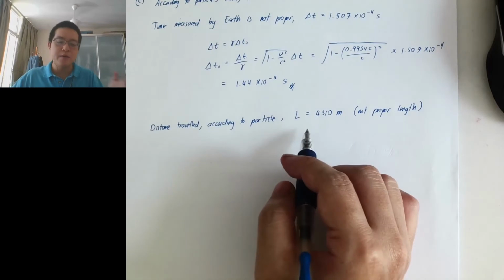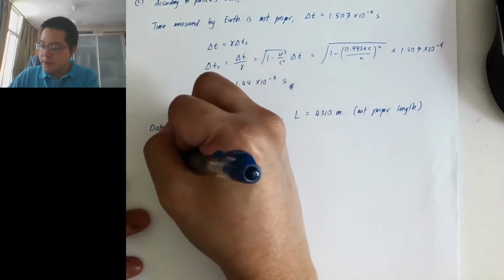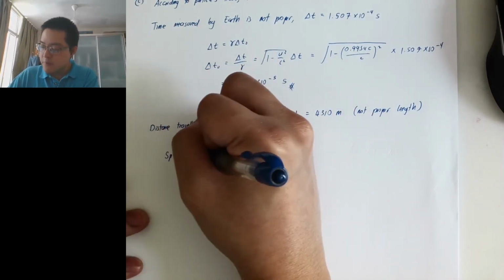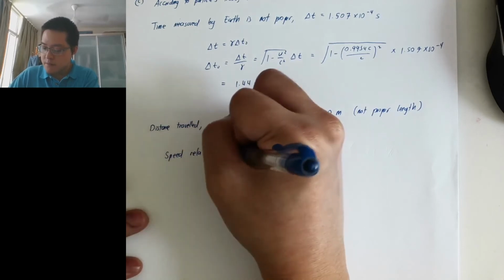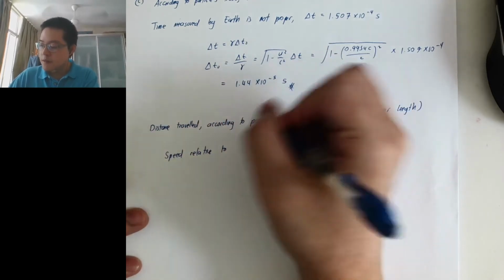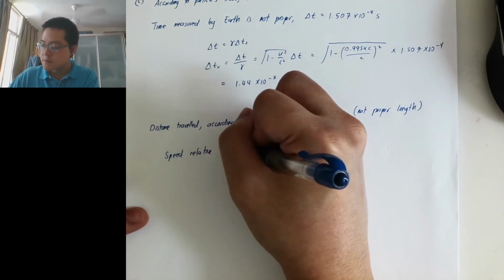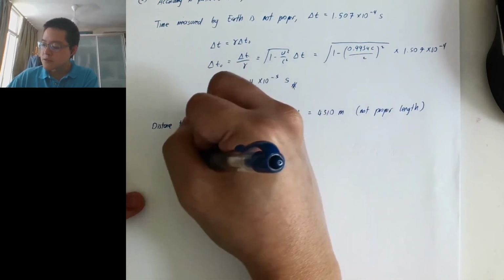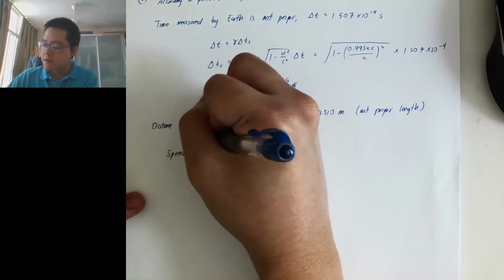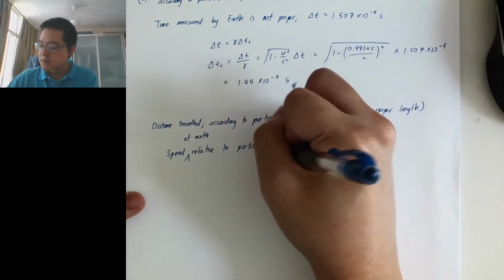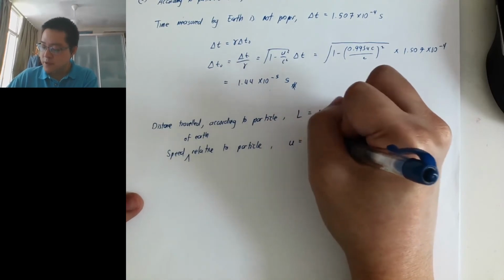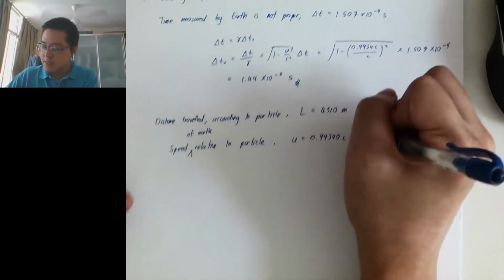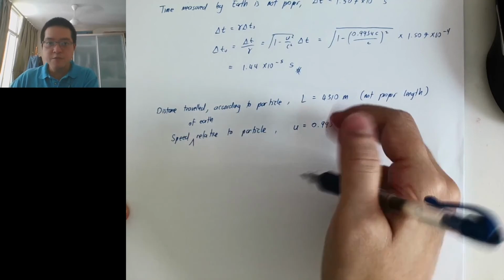Let's say the particle is Bob. Okay, so the speed relative to the particle, right, so that means the speed of Earth relative to the particle, U, is 0.9954 c. So from these two pieces of information we can calculate the time taken.